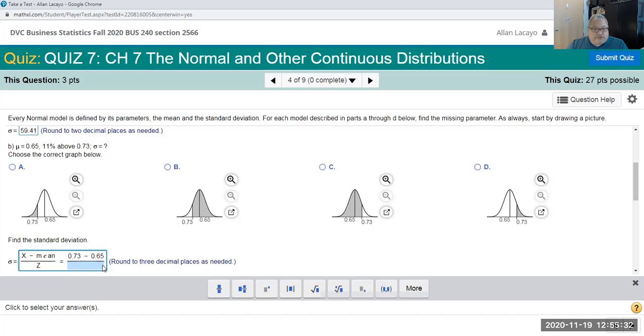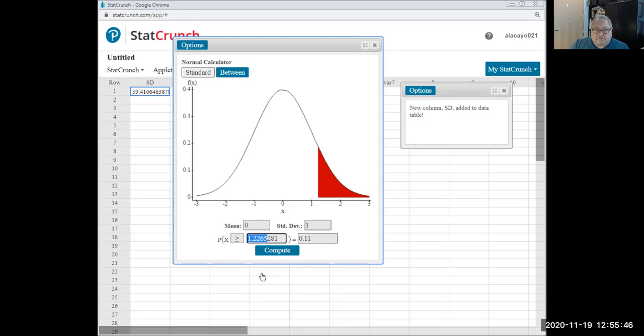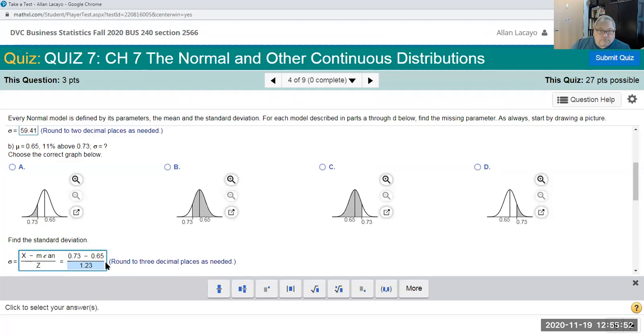So that's going to be found via the StatCrunch calculator. 11% above has a z-score of 1.23. 11% above should look like that. And this 1.23 is the z-score of the marker at the point 0.73. And what this ratio gives me is the standard deviation.